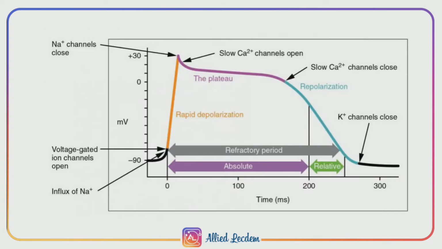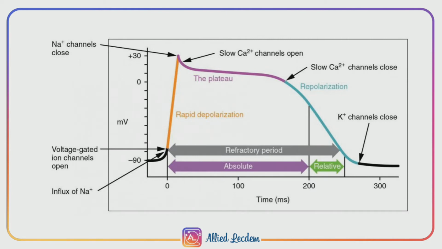In this graph, influx of sodium is phase 0, which is orange in color. Sodium channel closes is phase 1. You can see a notch above the orange color, that is above the rapid depolarization. Slow calcium channel open is the plateau phase, that is phase 2.